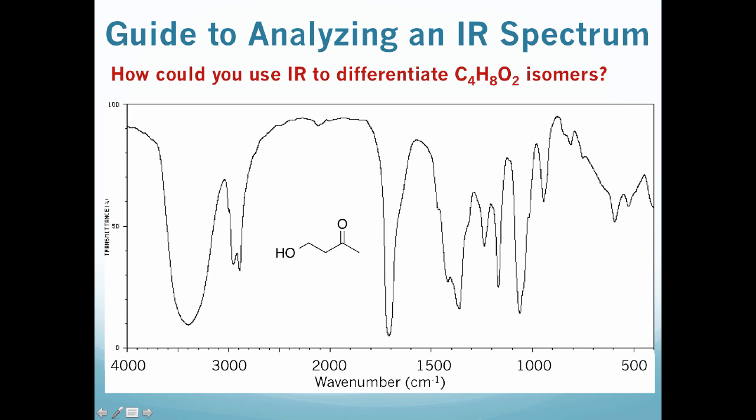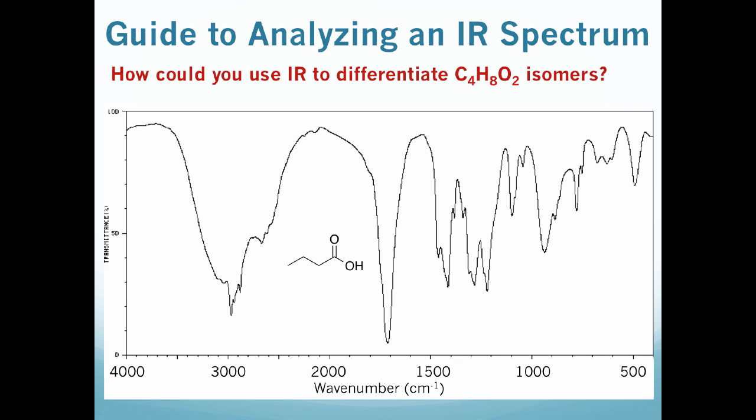Our third spectrum must be the carboxylic acid, which we can see here. Now we still have this broad OH stretch, but now it's moved down to about 3000 wave numbers. So we can see it here, and that is diagnostic of a carboxylic acid OH. We also have the carbonyl, which is just above 1700.